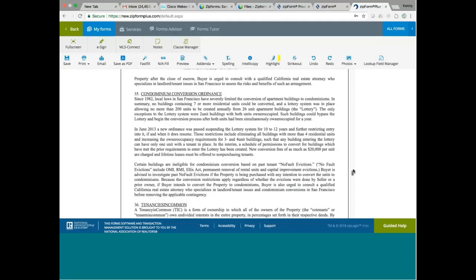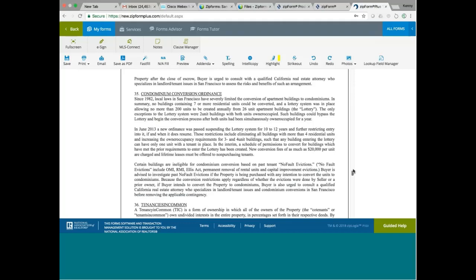Condominium conversion, I think we may have talked about that previously, but I'm just going to quickly review it. In San Francisco, if you have an apartment complex, sometimes it is desirable to convert it into a condominium. People convert apartment complexes into condominiums to escape rent control.